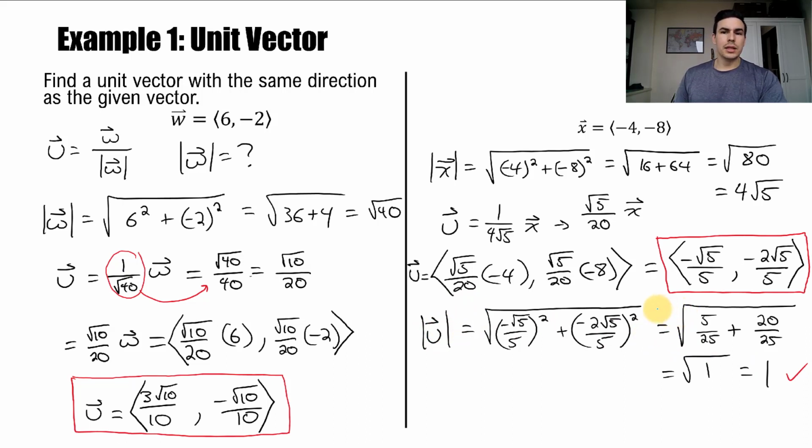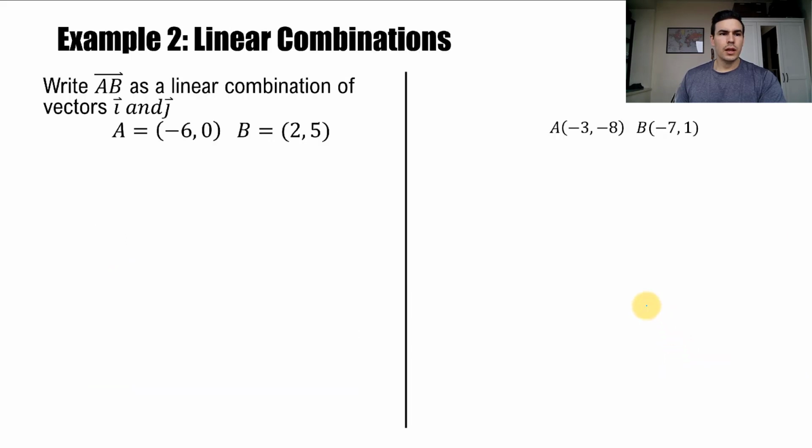All right, let's take a look at some linear combinations now. Okay, we're going to write AB as a linear combination of vectors i and j. All right. So first thing we want to do is put AB into component form, which we know is going to be x2 minus x1 and y2 minus y1.